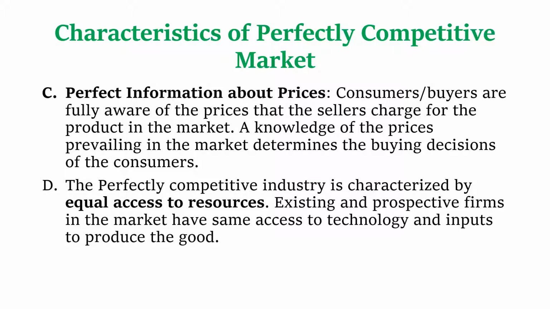So they all sell their products at one particular price, because all their products are homogeneous. They are undifferentiated. And consumers are fully aware of the prices that the sellers charge for the products in the market.